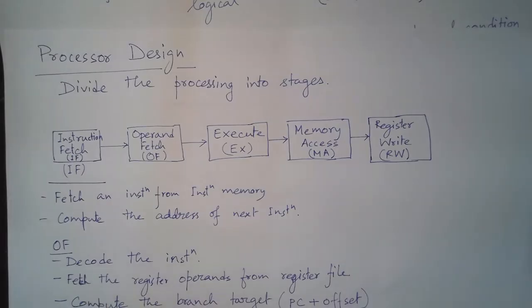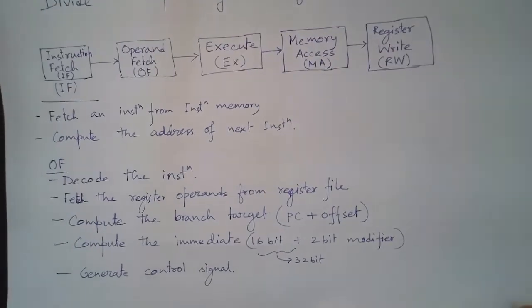In the operand fetch stage, we decode the instruction. We also figure out the different fields in the instruction and what they are, to identify the different operands. If the operands are in registers, we fetch the register operands from the register file. If they are immediate, we convert those immediate values to 32-bit.